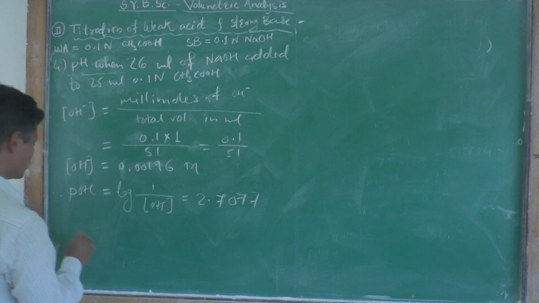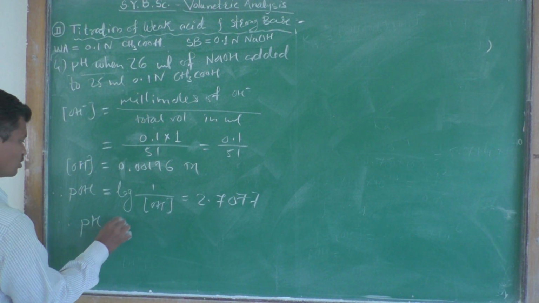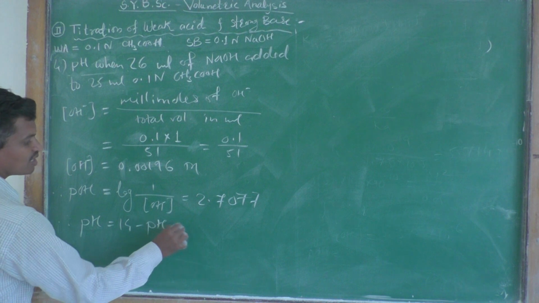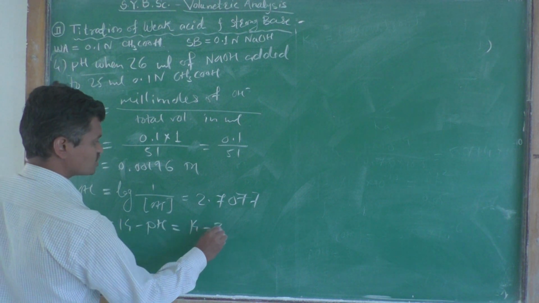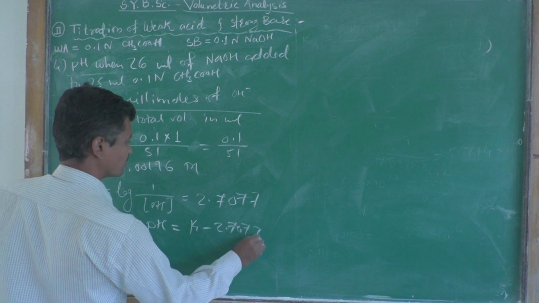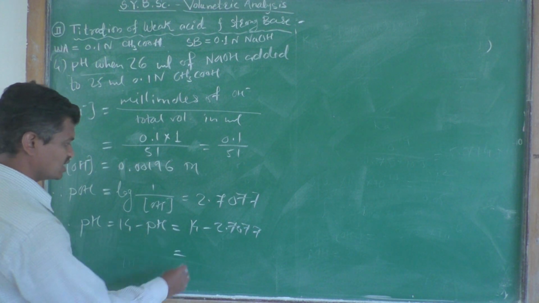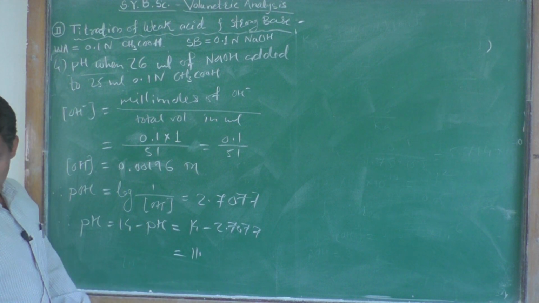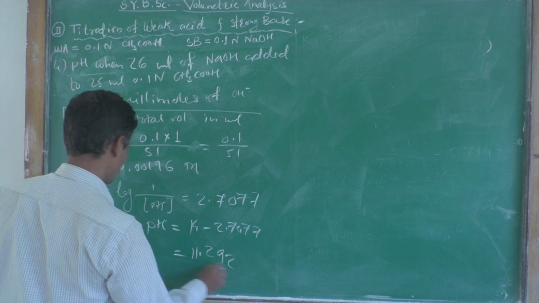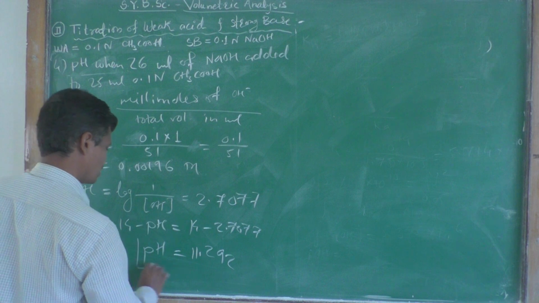So this is the value of pOH. Therefore pH is equal to 14 minus pOH, which is 14 minus 2.7077, and therefore you can easily calculate the pH. It becomes 11.292.